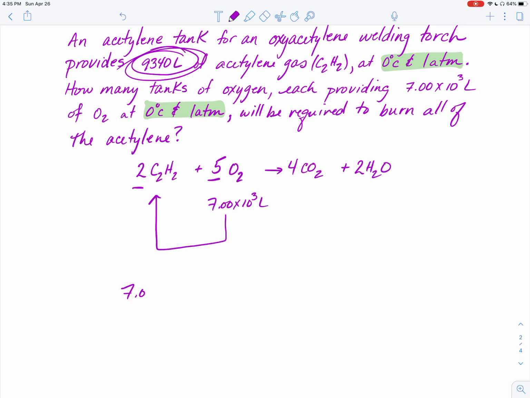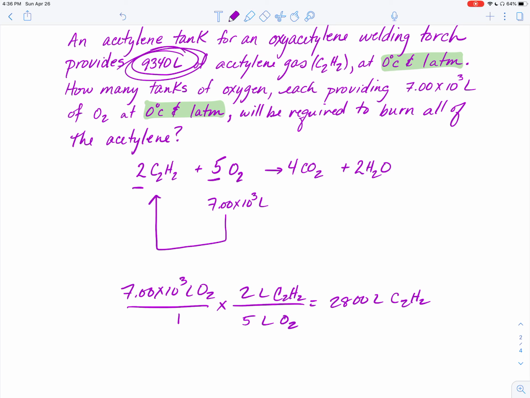To do this, we use the stoichiometric factors for volume conversion. We take 7.00 times 10 to the third liters of O2 with the stoichiometric factor of 5 liters of O2 to 2 liters of C2H2, which gives the volume of acetylene needed to react with all of that oxygen. That ends up being 2,800 liters of C2H2, or in proper sig figs, 2.80 times 10 to the third liters.